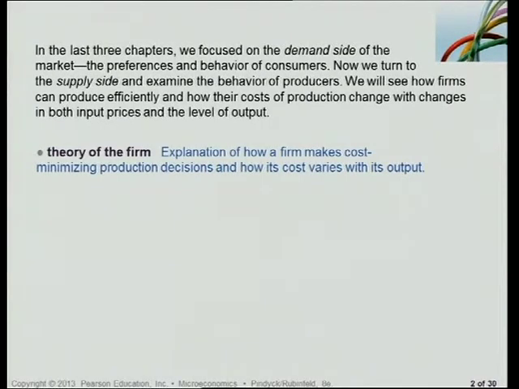So the theory of the firm is an explanation of how a firm makes cost-minimizing production decisions and how the cost will vary with output changes. This is what we're going to look at in chapter 6 and chapter 7.